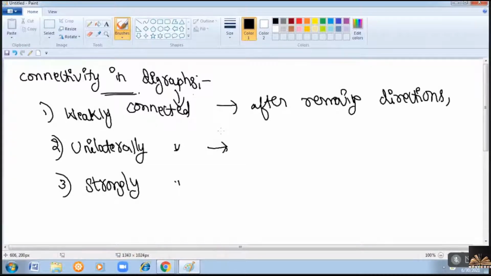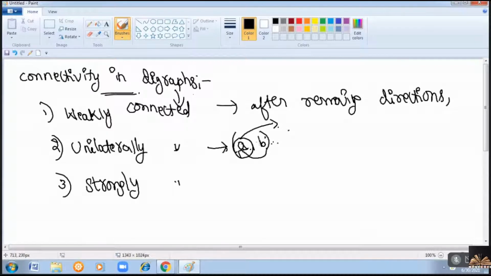Next, unilaterally connected means a simple graph is said to be unilaterally connected when, for every pair of vertices, at least one of the pair is reachable from the other vertex.